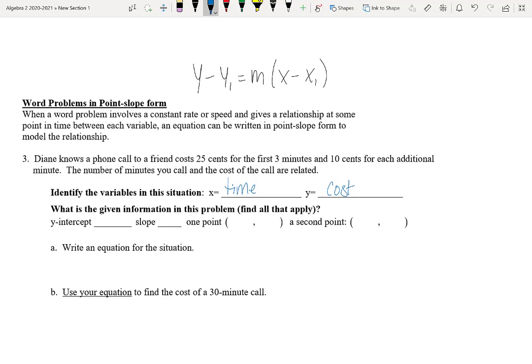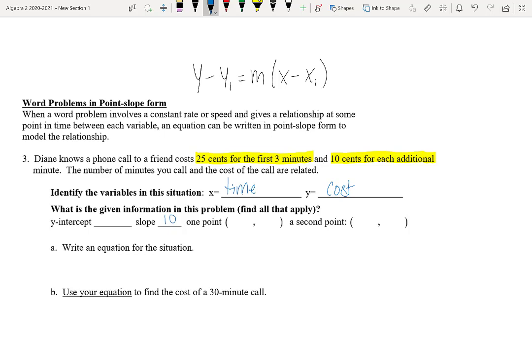In this case, the numbers that we're given, 25 cents for the first 3 minutes, and then 10 cents for each additional minute. So the 10 cents per minute after that is actually going to be our rate. We're charged an additional 10 cents here for each minute after that.